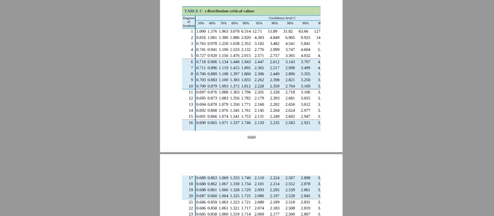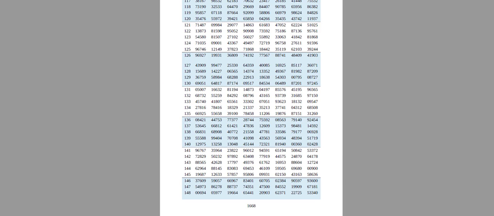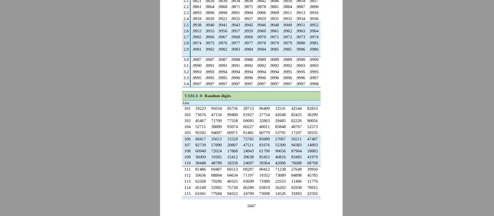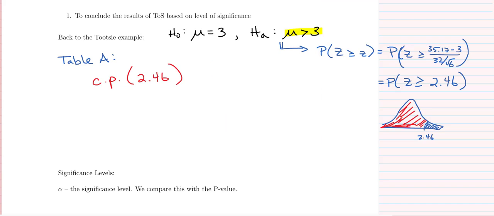So we'll pull up table A. We'll find z-score 2.46: 2.4 in the rows, then 0, 1, 2, 3, 4, 5, 6 across the columns. So it's 0.9931.